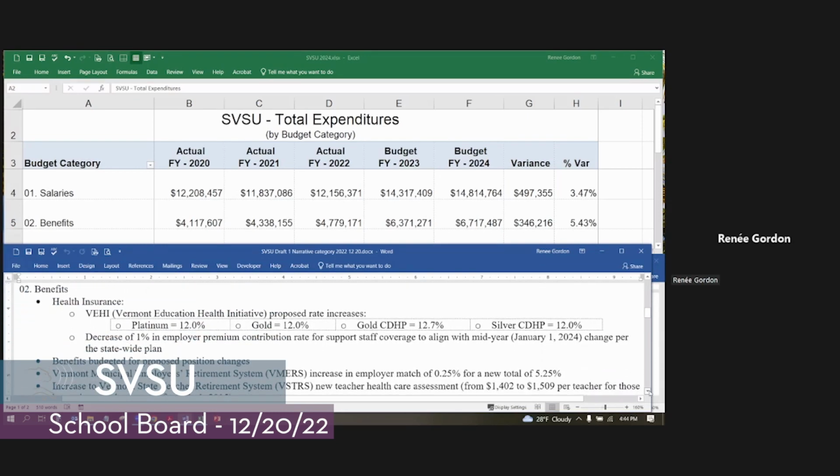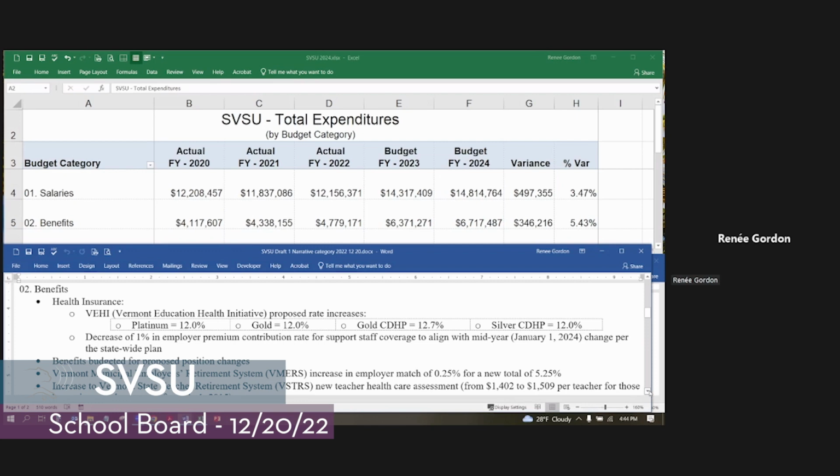So health insurance, currently premium increases are being reviewed by the Department of Financial Regulation of the state. They have been presented to them at the rates I have here on the screen and also on your handouts.